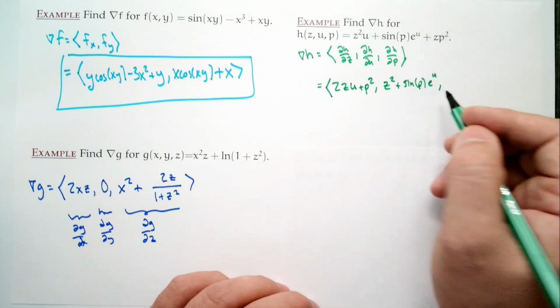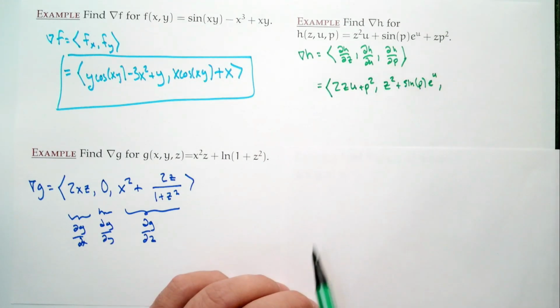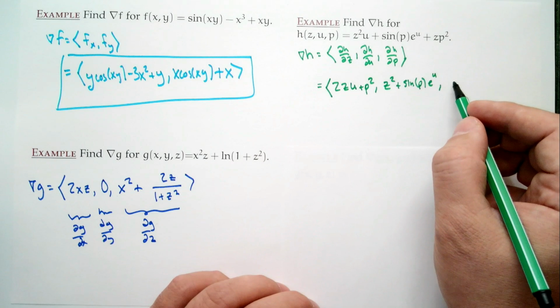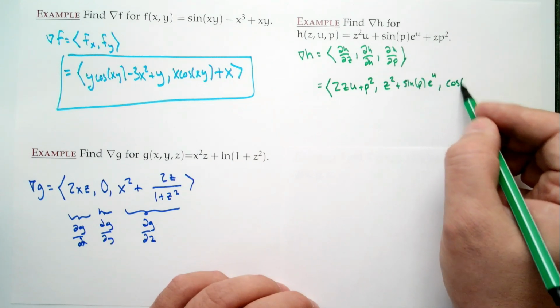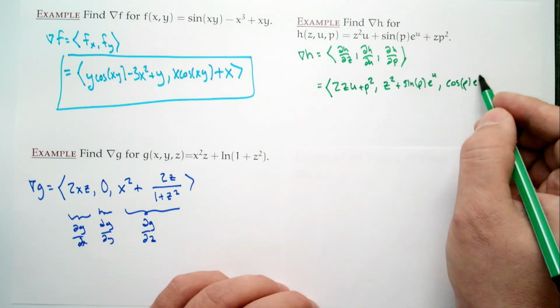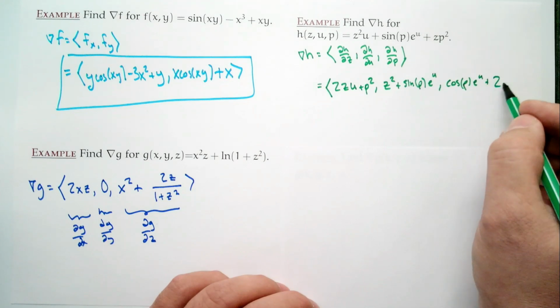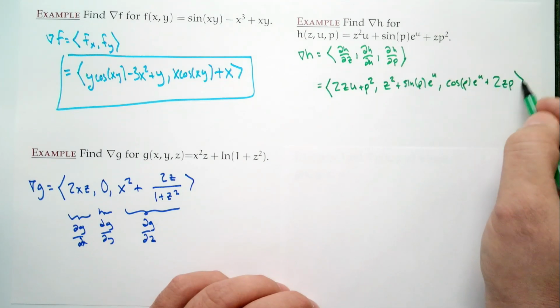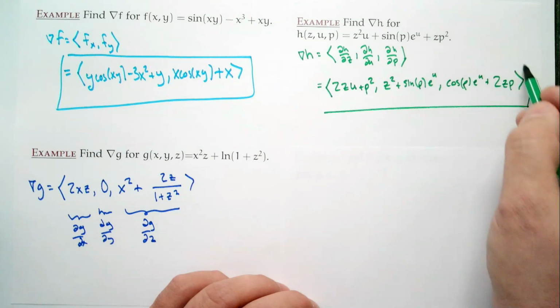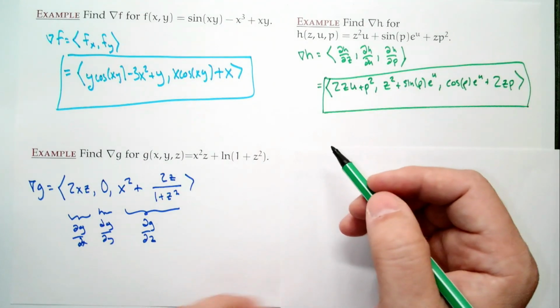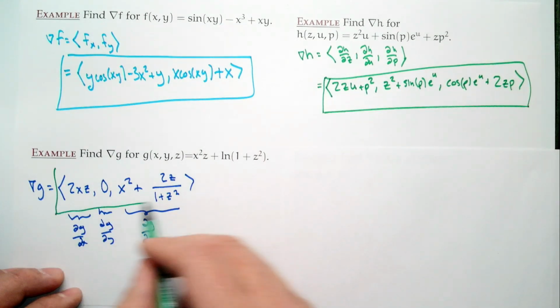Okay, good. Last slot, derivative with respect to p. We get cosine p e to the u and 2 times z times p. And there we go. All right, good. This one's feeling a little lonely. Didn't get boxed, so I'll box it now.